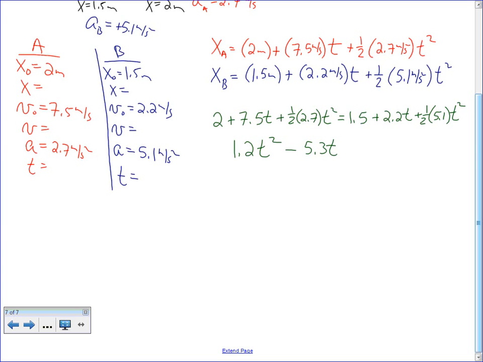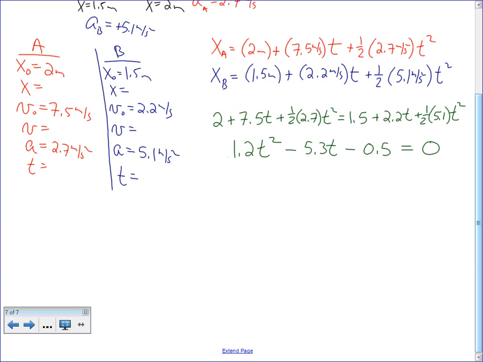And then 1.5 minus 2, that gives me negative 0.5. And that equals 0. So again, all I did was combine like terms. I got everything over to one side of the equal sign. I took everything from the left-hand side of the equal sign and moved it over to the right-hand side. And then you have a quadratic that you're going to solve.